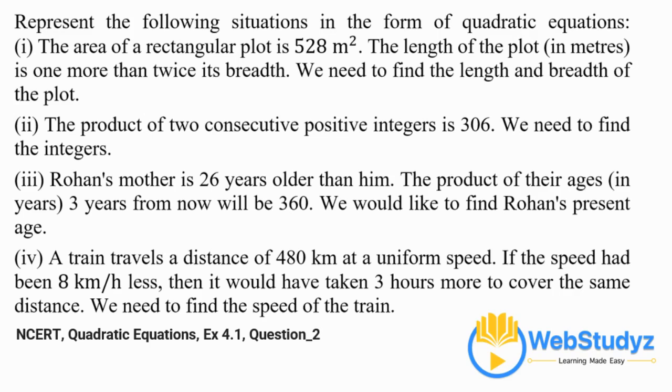Now move on to the second question: the product of two consecutive positive integers is 306. We need to find the integers. So let's start the solution.